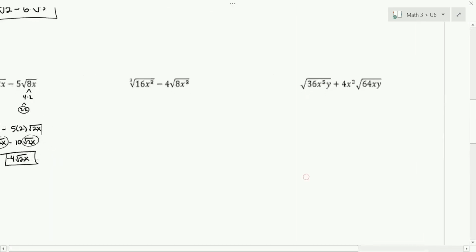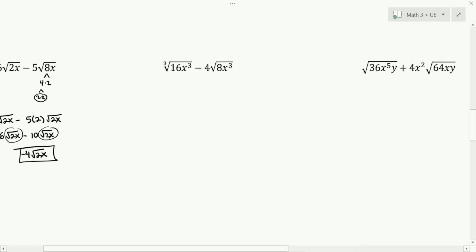Okay, so on the cube root of 16x cubed, just that first part, Sierra, can you do anything else to that, or is it already simplified? Okay, so you broke down this to 4 times 4.